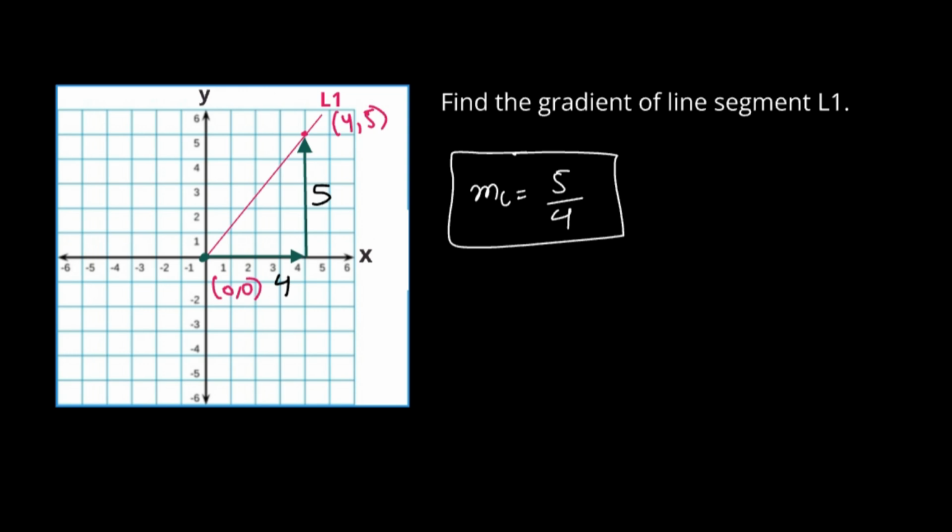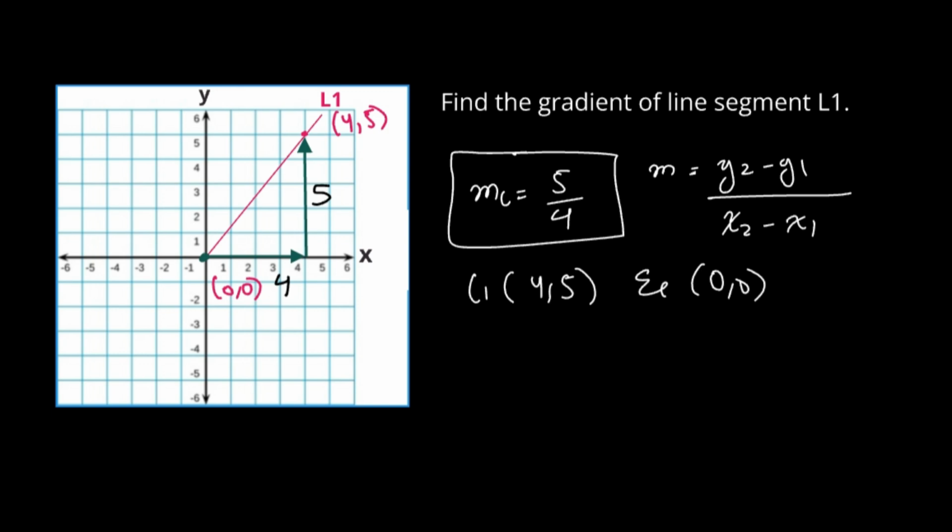Now there is another way of seeing this. The gradient represented by M is the ratio of vertical change to the horizontal change. So I can write the vertical change as difference in y coordinates and the horizontal change as difference in x coordinates. The line L1 is passing through 4, 5 and 0, 0.